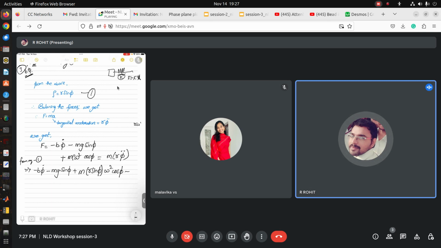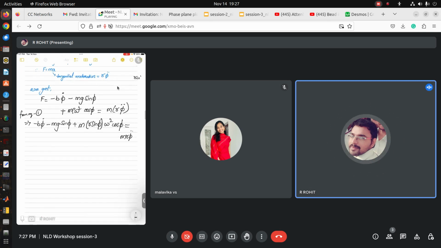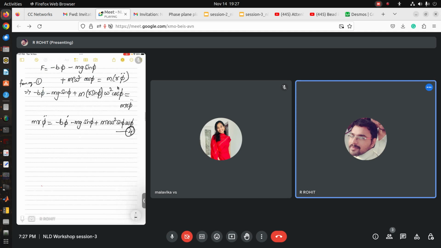So this is equal to m r phi double dot. So finally you will end up with m r phi double dot is nothing but minus b phi dot minus mg sine phi plus m r omega square sine phi cos phi. So this is the final equation you have now.